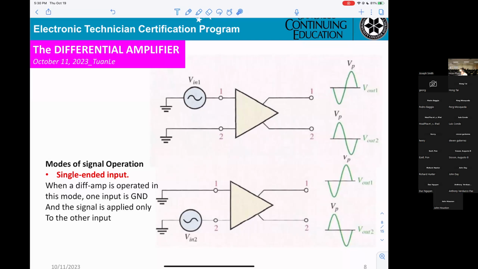Either one, they will be the same thing. Apply input 1, then output 1 will be out of phase and output 2 will be in phase. If they apply at input 2, then output 2 will be out of phase and output 1 will be in phase.